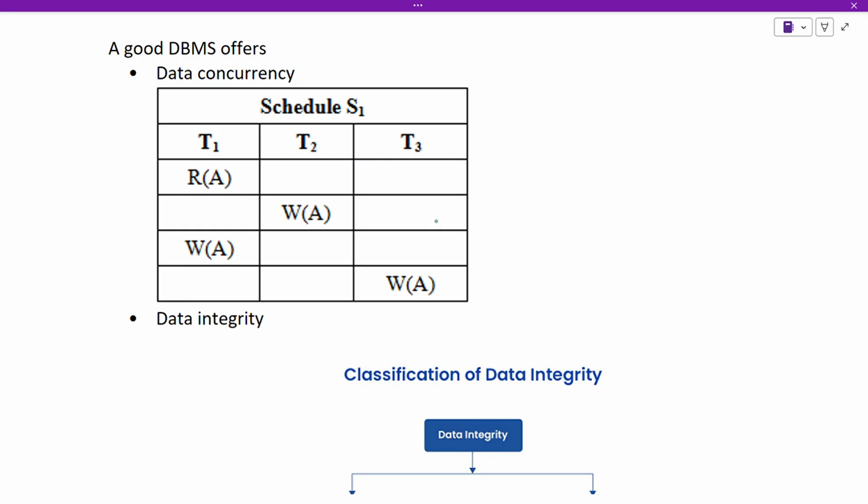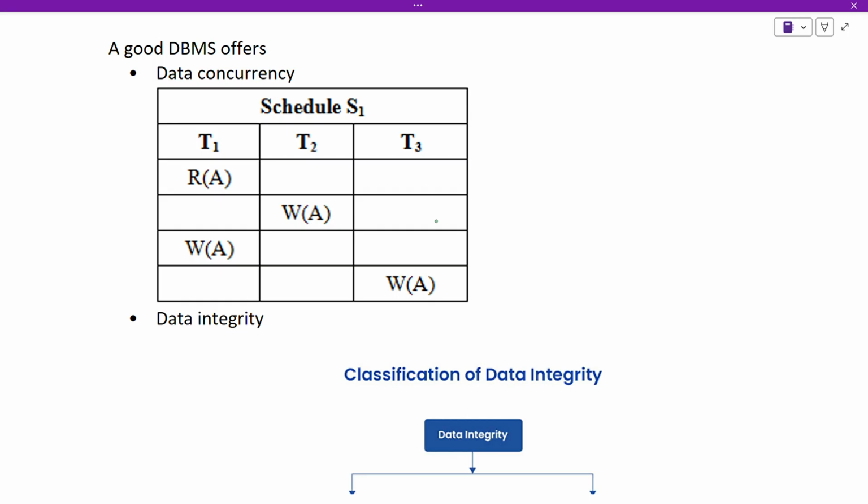This was one of the major issues in the file system, right? The file system cannot handle concurrency. It can only work with one file at a time, or maybe it can. But it's not so sophisticated that it can handle data concurrency. But DBMS was designed to be concurrent. So what is this term called concurrency?